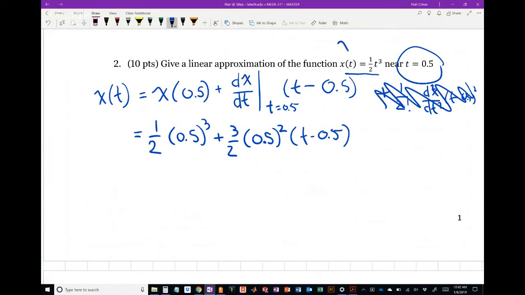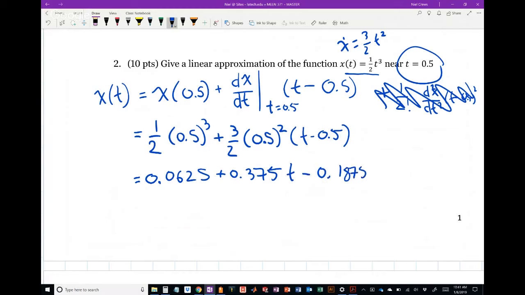The derivative here, x dot, is going to be 3/2 t squared, right? So this gives us then 0.0625 plus 0.375 t minus 0.1875.